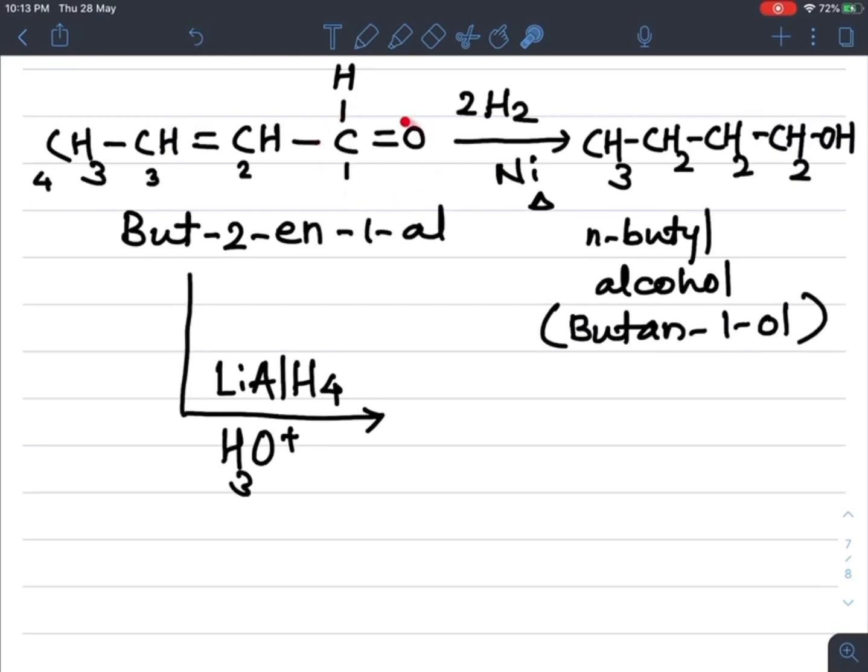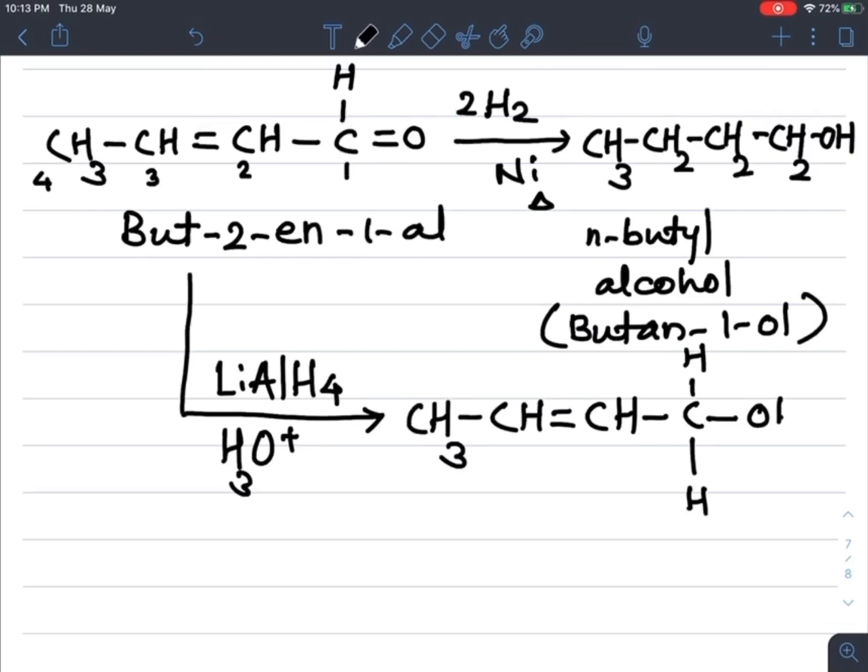So the CO group is converted into CHOH, and we get the product with CH3 as it is, CH double bond CH as it is, and here 1 hydrogen is added to carbon and the second hydrogen is added to oxygen. So we get an unsaturated primary alcohol. The unsaturated primary alcohol is formed only when LiAlH4 is used as a reducing agent.